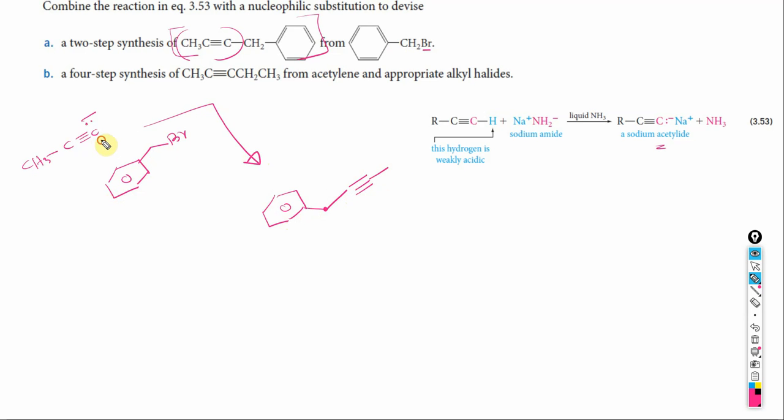If this is carbon 1, 2 and 3, and if this is carbon A attached to a phenyl ring, this is obviously a substitution reaction, and you can expect this to be an SN2 reaction because we have a strong nucleophile and we have a primary carbon. A primary carbon is less hindered.